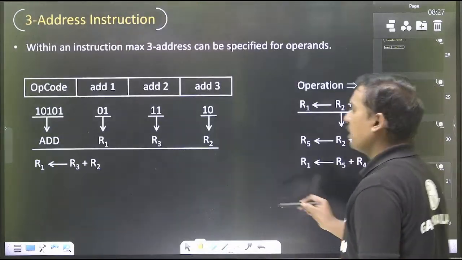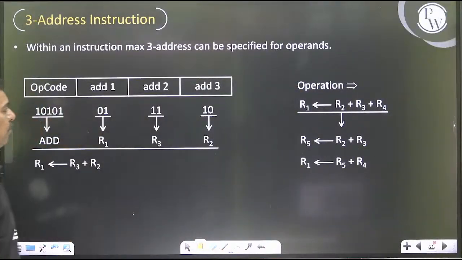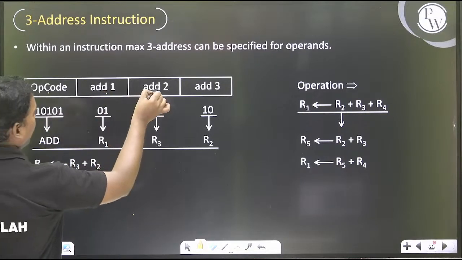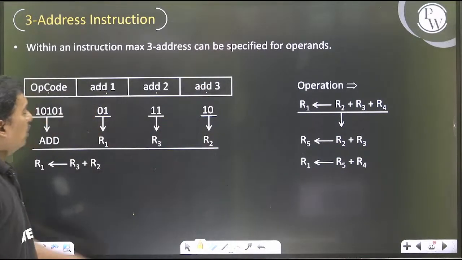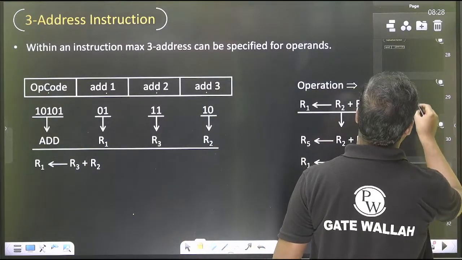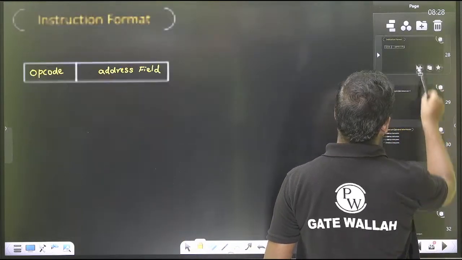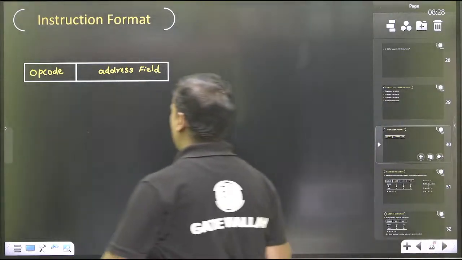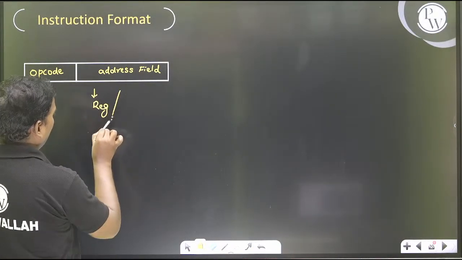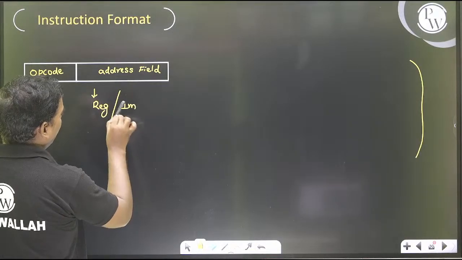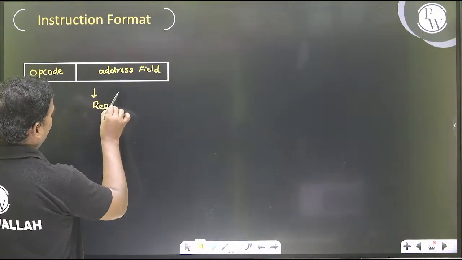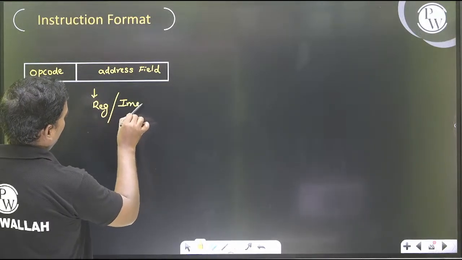See, if you see the 3 address instruction, these are 3 address instruction. So 3 address instruction में यहाँ एक opcode है, एक address field 1 है, address field 2 है, address field 3 है. So this address field, always remember, can be a memory location, a register, or an immediate data.